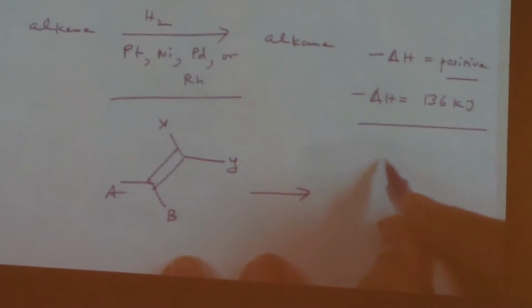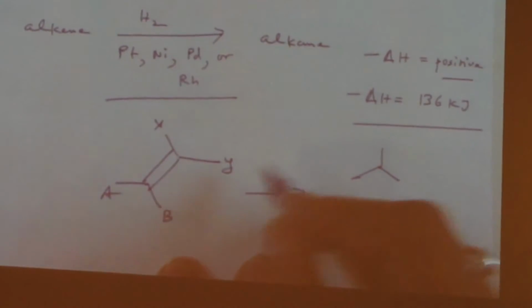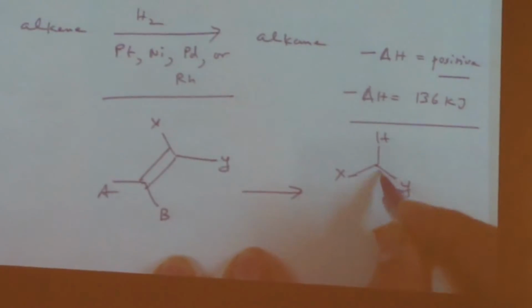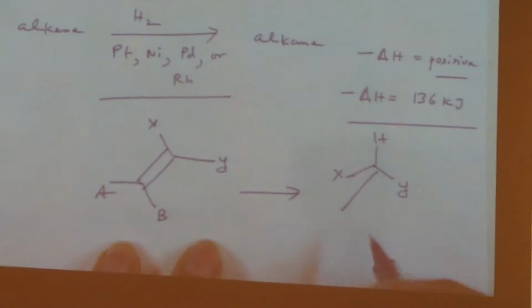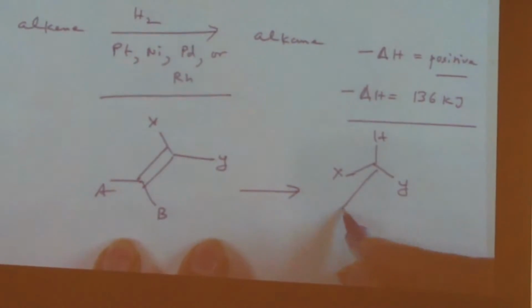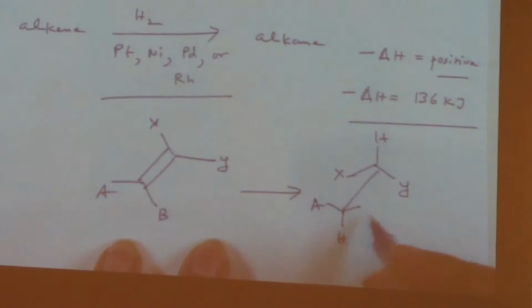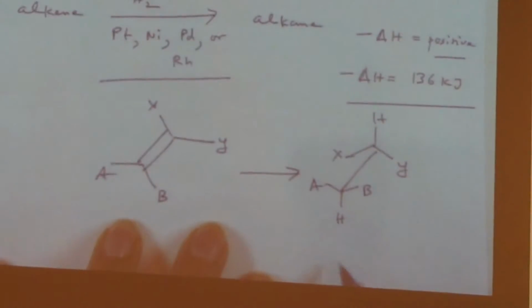Let's assume that you get hydrogen, X, Y, and then the other hydrogen will be added this way, A and B. So this would be anti-addition.